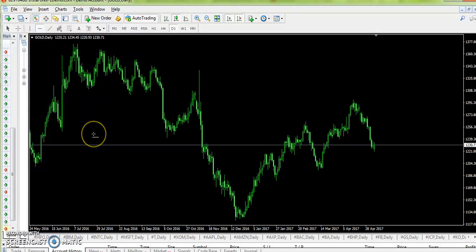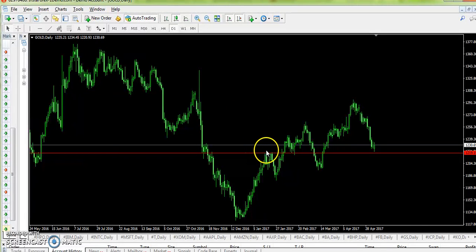What happened over there when this market broke this particular point, 1219, which was the previous swing high? As you can see, after this it has been posting higher high, higher low, higher high.